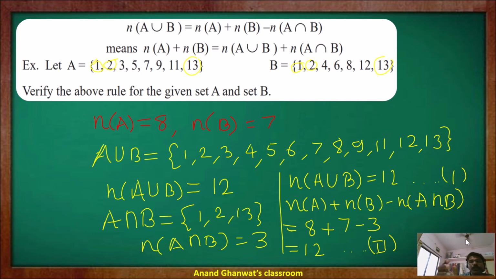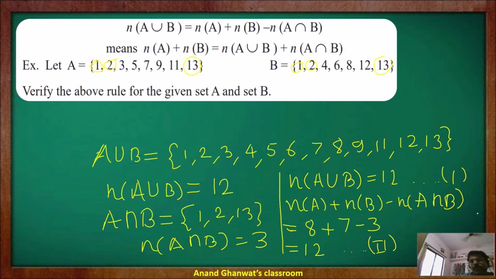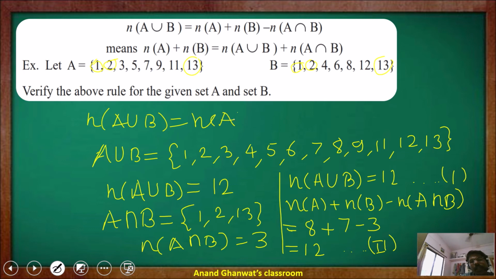So therefore we can write: number of elements in A union B is equal to number of elements in A plus number of elements in B minus number of elements in A intersection B. Hence the proof.